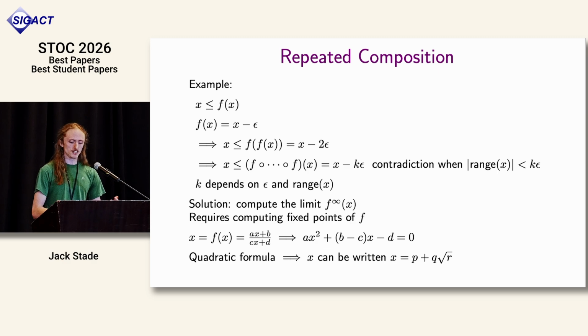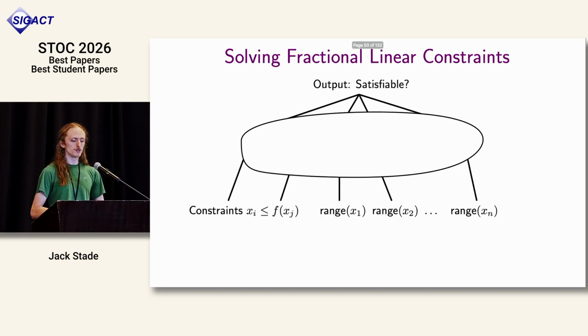And this is really where the irrational coordinates come in in this problem. And what I show is that this is really the only way that you can get irrational coordinates. So in particular, with this extra infinite composition step in the constraint satisfaction, I'm able to get this circuit which solves the problem.